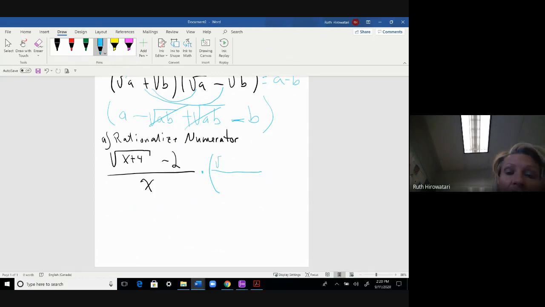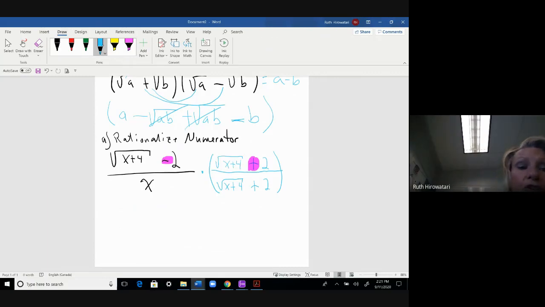All you do is change the sign separating the two terms. I chose this example on purpose because the only sign you change is this sign, not the one underneath the root. It's a fraction, so all you're allowed to do is multiply by 1. What you did to the top, you've got to do to the bottom. So multiply the numerator and denominator by square root x plus 4 plus 2.